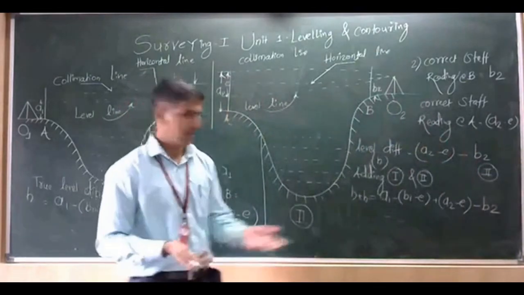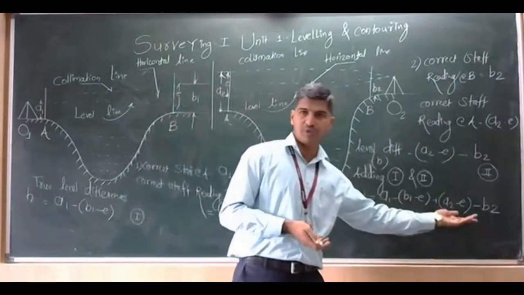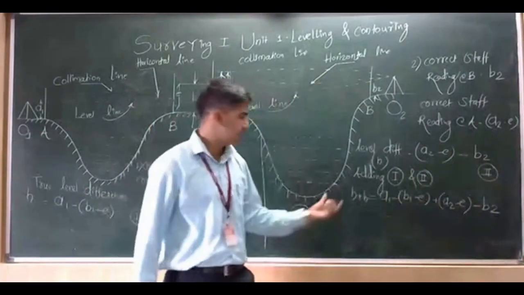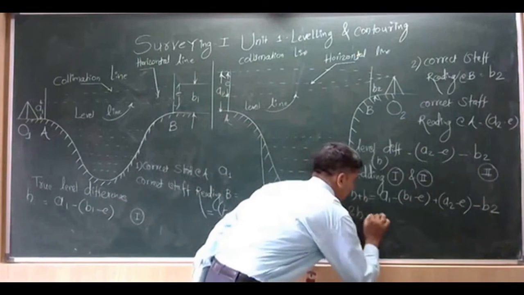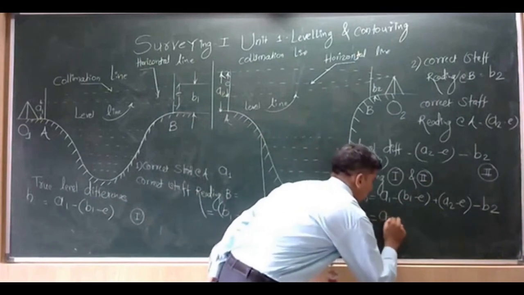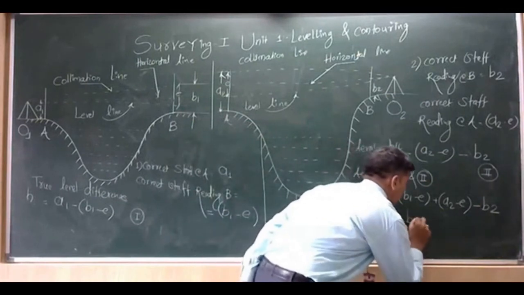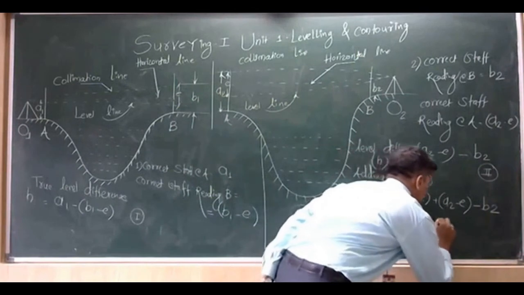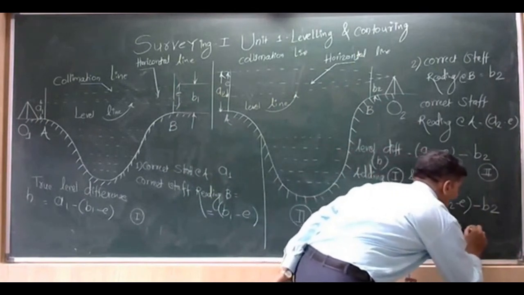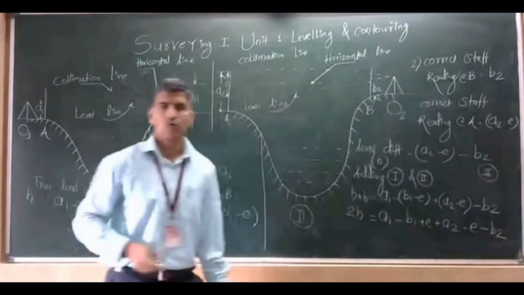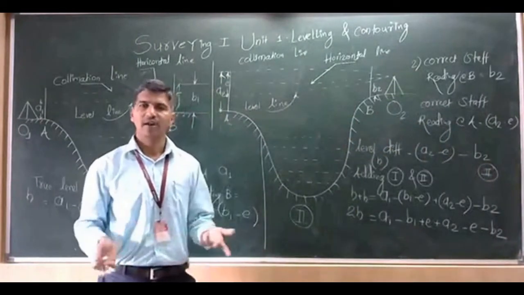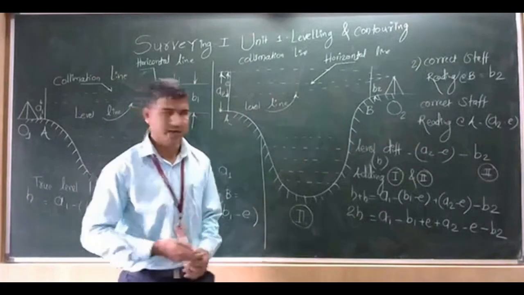Let us open up the bracket. I have taken the two equations on both sides. So 2H will be equal to A1 minus B1 plus E plus A2 minus E minus B2. I have just simplified the equation by opening the bracket.